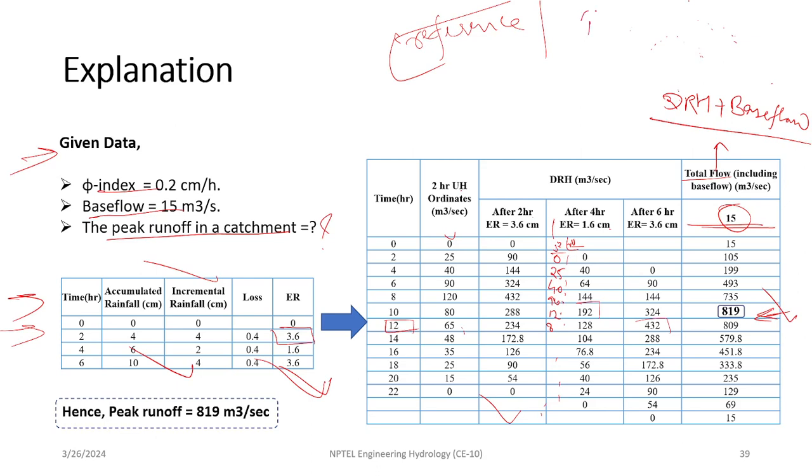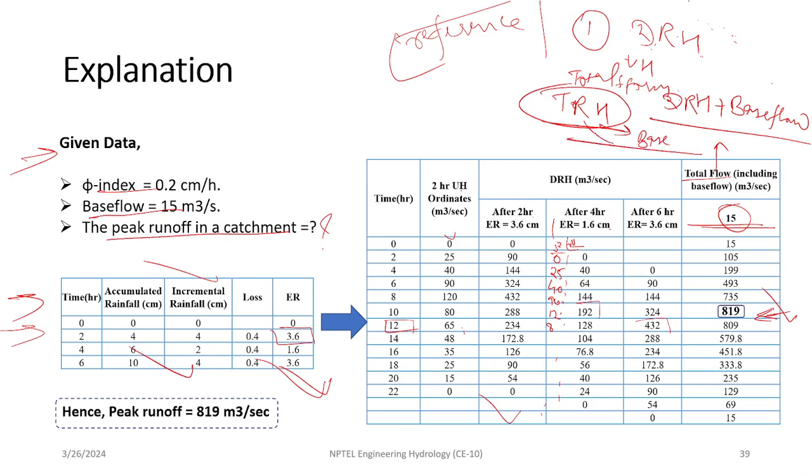Sometimes while you are solving the problem, you may get confused with DRH. Maybe you may have a word like UH, then there may be a word like total storm hydrograph also, or total runoff hydrograph, sometimes they mention TRH. So if TRH is given, then you should have a direct idea in your mind that base flow has already been accounted in this.